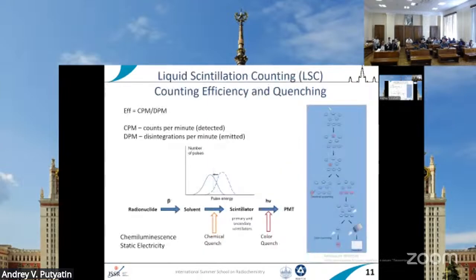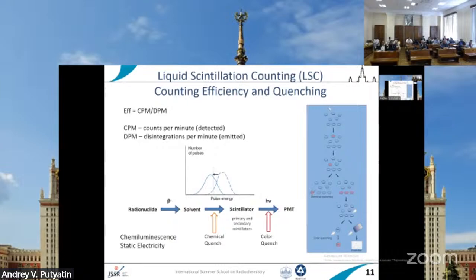What is the problem with liquid scintillation counting? It is the quenching of our sample. Quenching means that fewer photons come to the detector than there should be. What is the reason for the quenching? First, it is the so-called chemical quench.